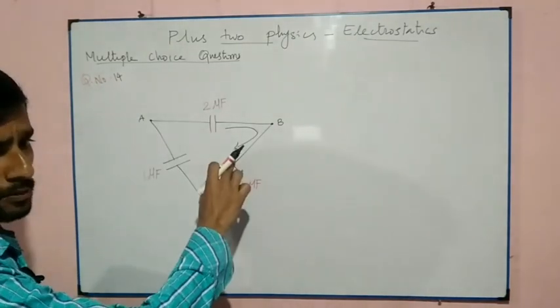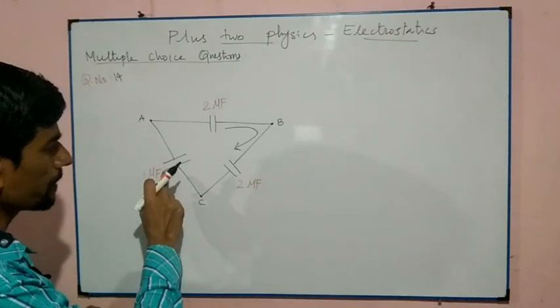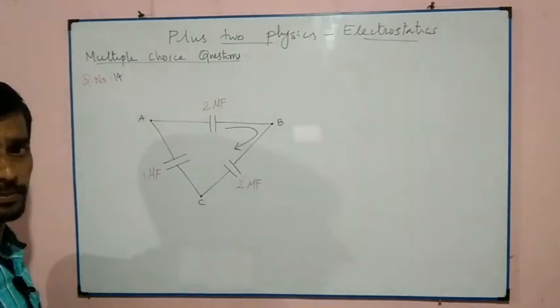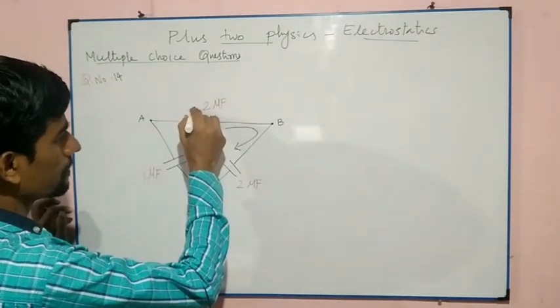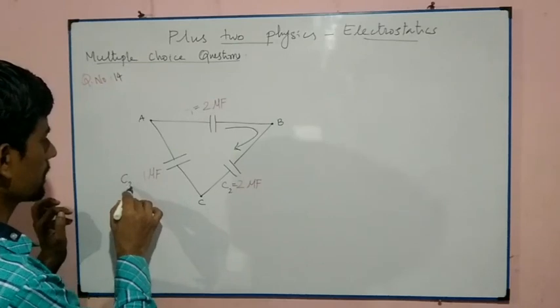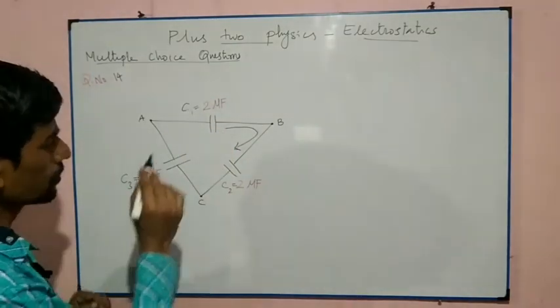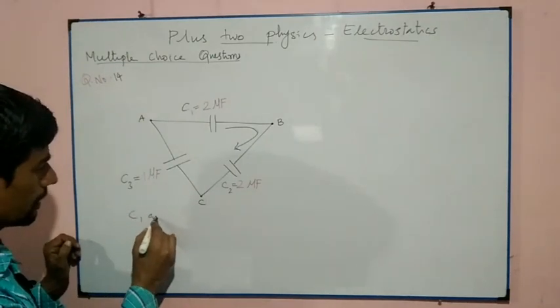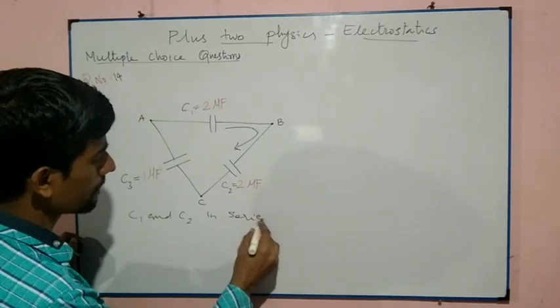Then that effective capacitance will be considered as parallel combination with this 1 microfarad capacitor. Let us name the capacitors: this is C1, this is C2 and this is C3. First you have to consider C1 and C2 in series.